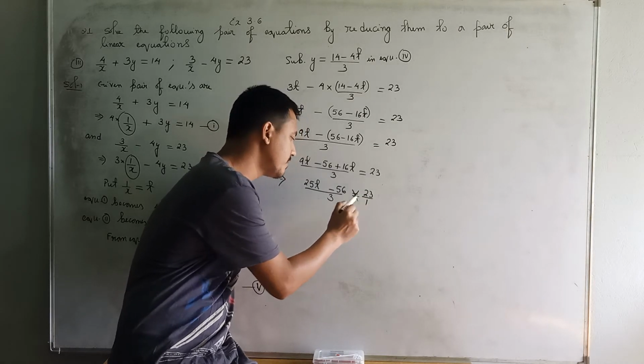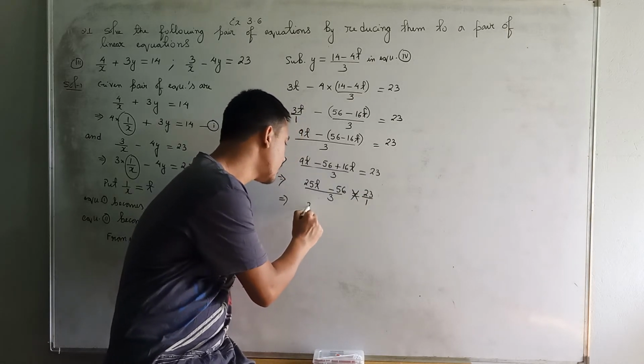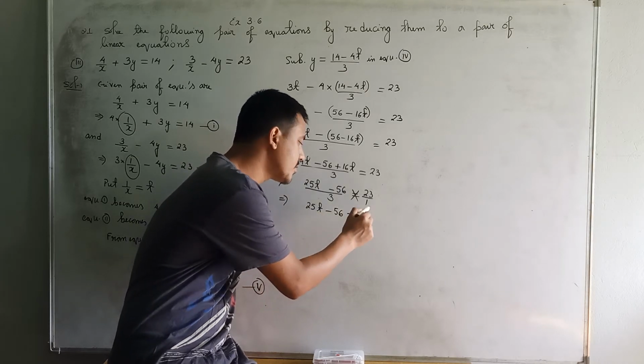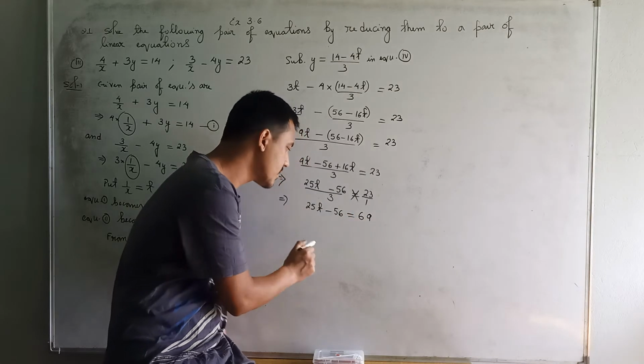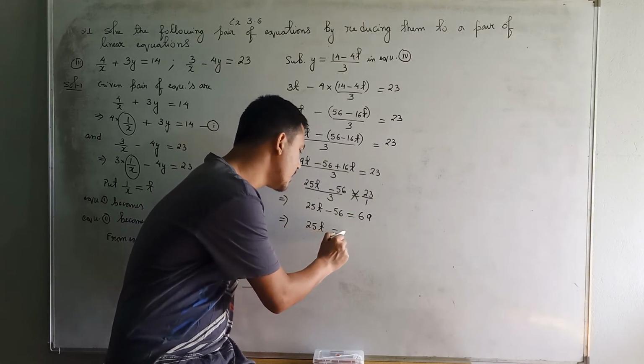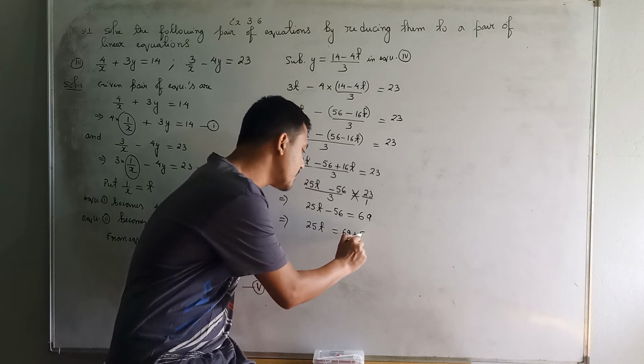Cross multiply. 25t minus 56 is equal to 3 times 23, 3 times 3 is 9, 2 times 3 is 6. So your 25t will be 69 plus 56.